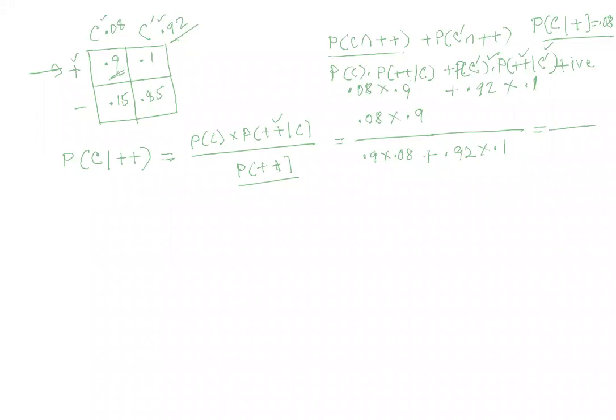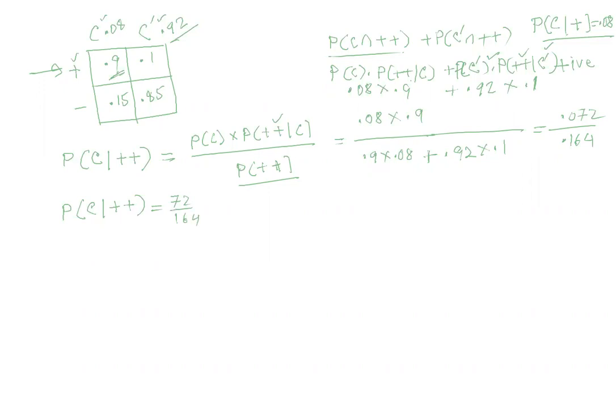So 0.9 times 0.08 plus 0.92 times 0.1, there's going to be 0.164. And the top one is going to be 0.08 times 0.9, which is 0.072. So probability of having cancer, given that the person tested positive twice, would be 72 over 164, right?